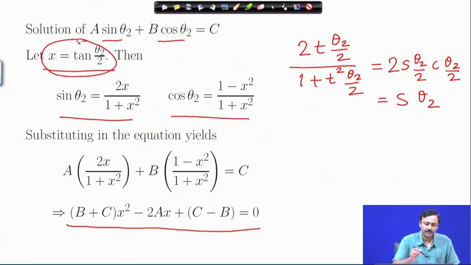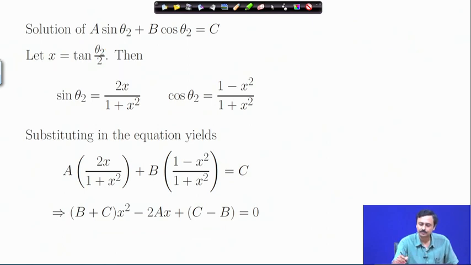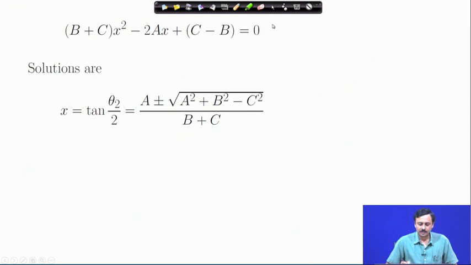So, once we have the solution for x, we have the solution for tan theta 2 by 2. These are the solutions for x, which is the same as tan theta 2 by 2, in terms of the capital A, B and C.